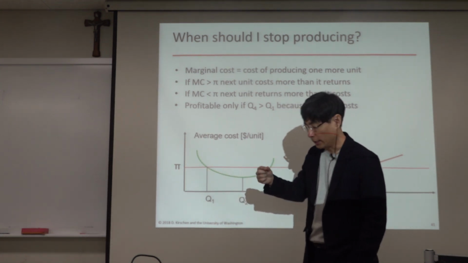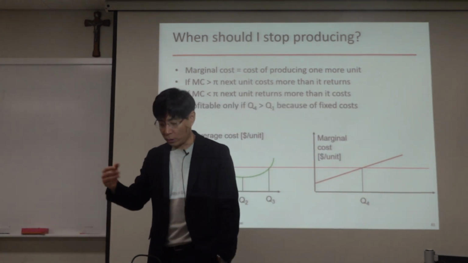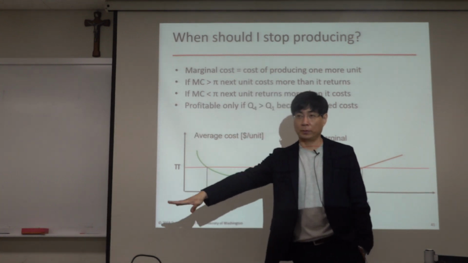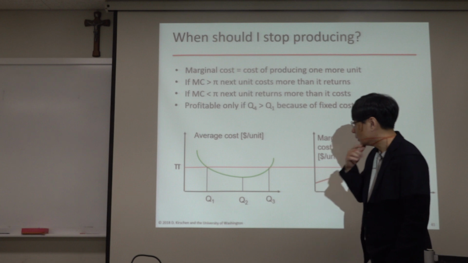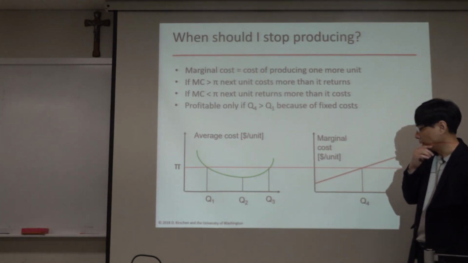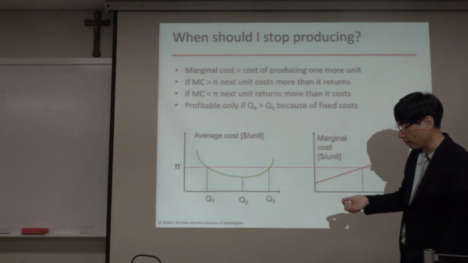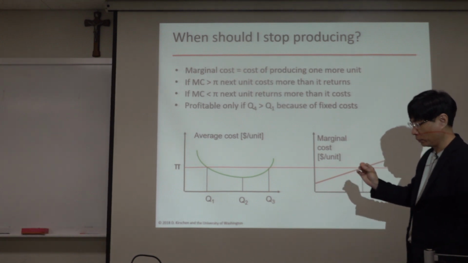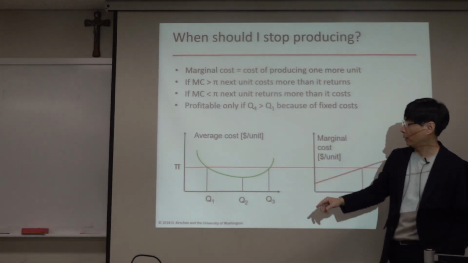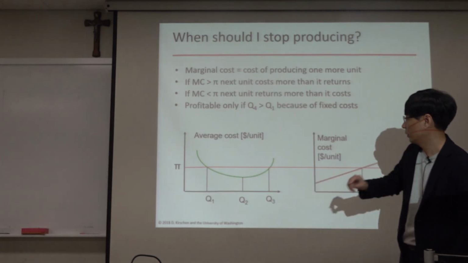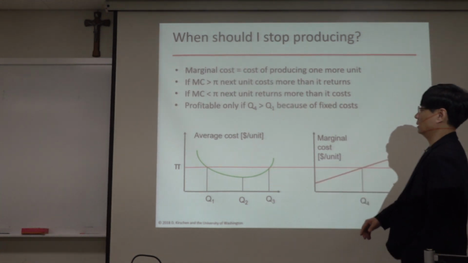So when we produce more and more, the average cost decreases further and further. So in this range, producing one more unit is okay. And we need to stop producing when the marginal cost equals the price.